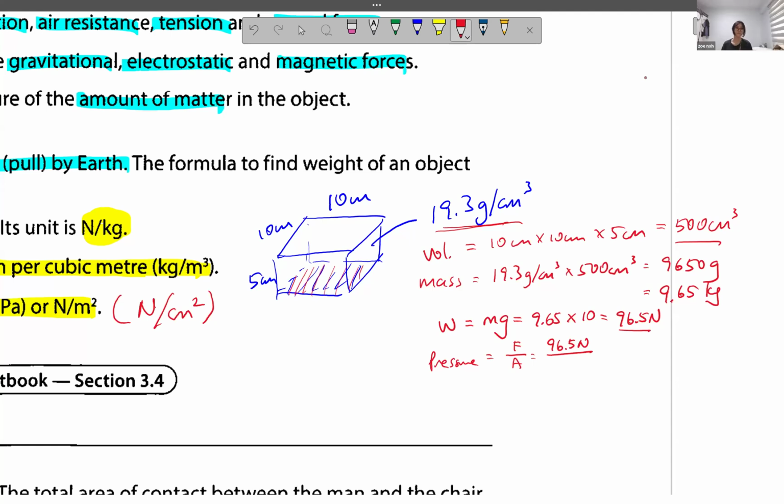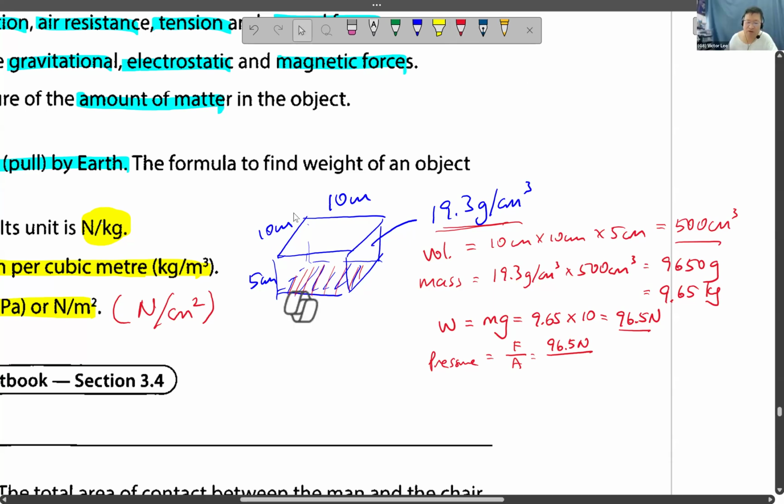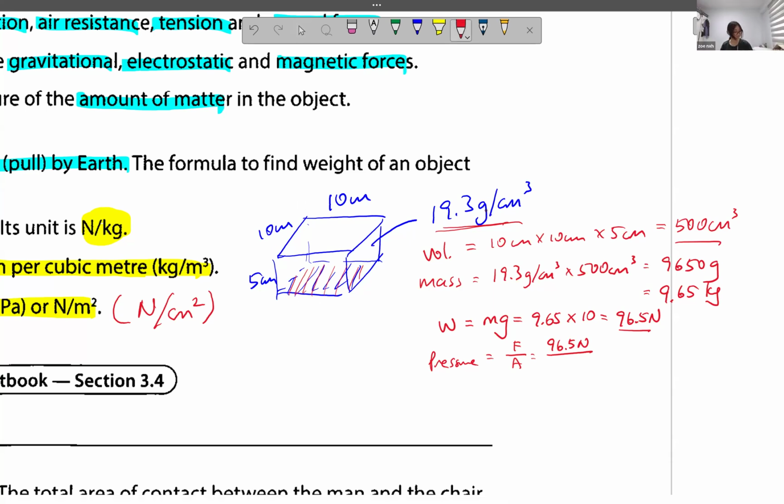The area of the bottom is 10 times 10 cm. Did I write wrongly? I think I better write it for you. It is cm. That's how we calculate, we use cm. So I have 100 cm square, right?